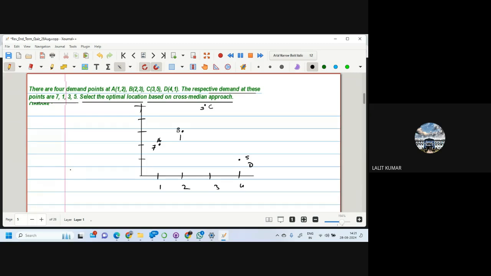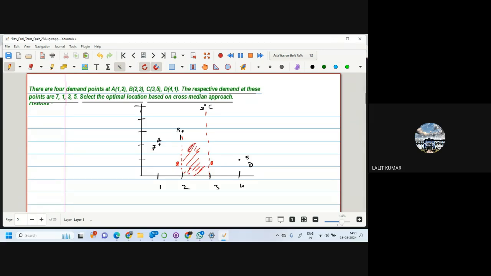So it is a cross median approach. First, for example, we do it horizontally. Horizontally, 7 plus 1 is 8, and then D, so here demand becomes 8, and here also demand becomes 8. So we have to choose the location somewhere in between.